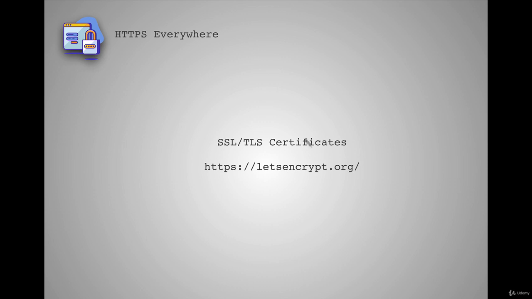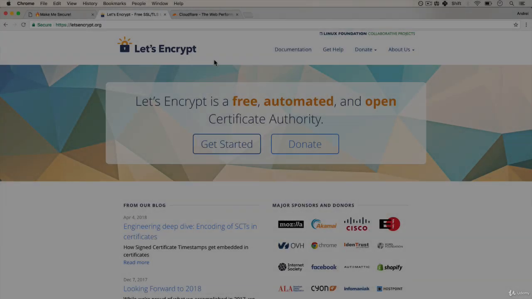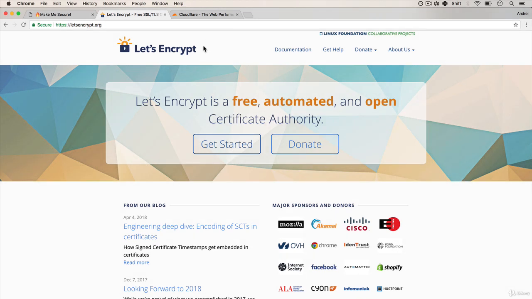But there are ways that you can misconfigure or set up your server where you think you have HTTPS, but it doesn't actually. So I'm going to show you my two favorite ways to get HTTPS on your website. The best one is Let's Encrypt.